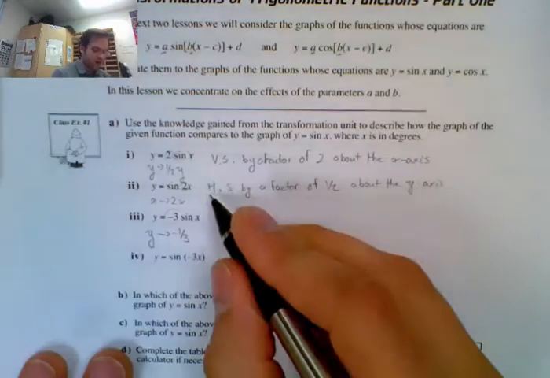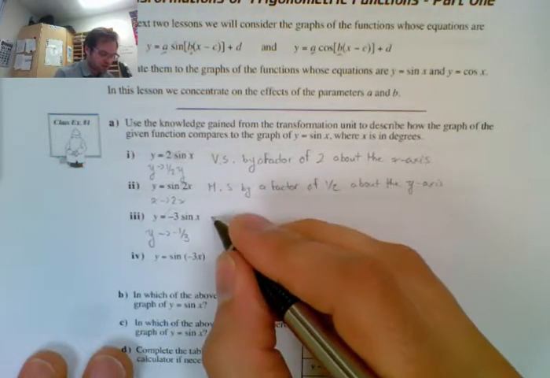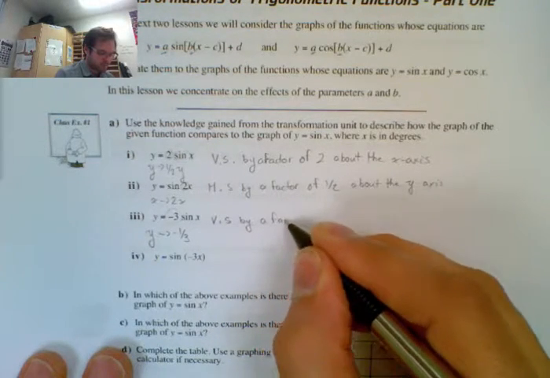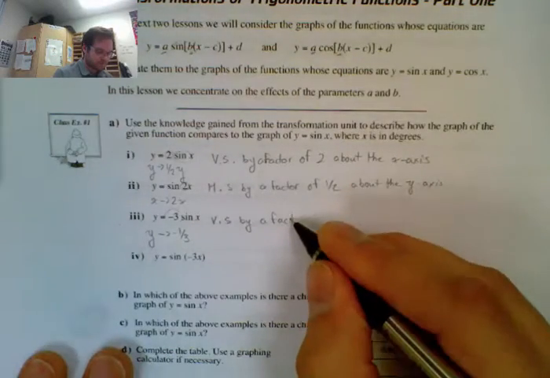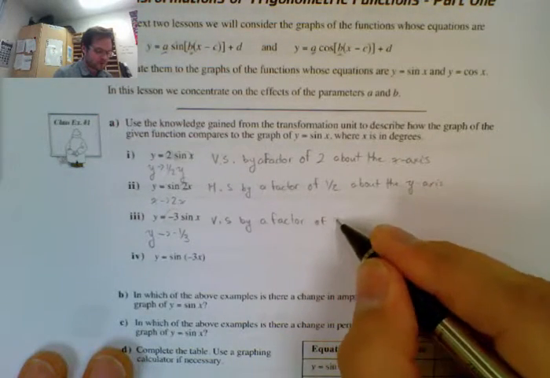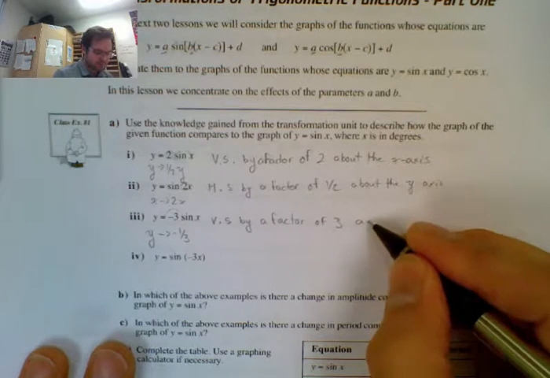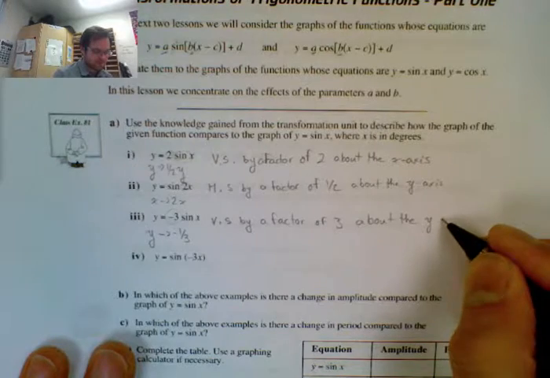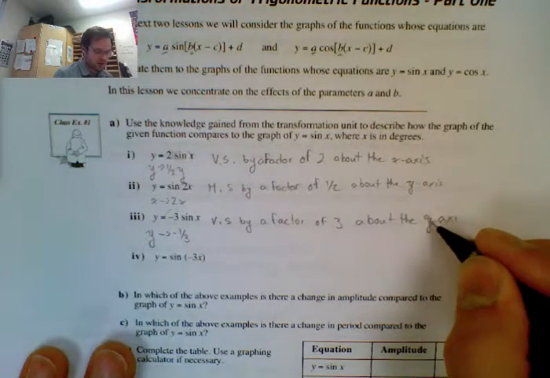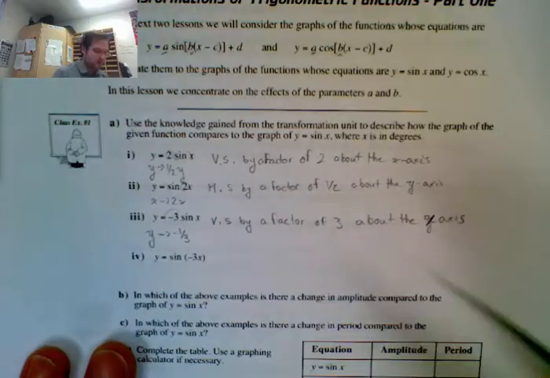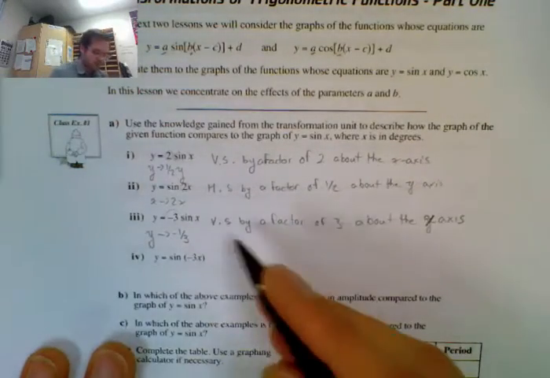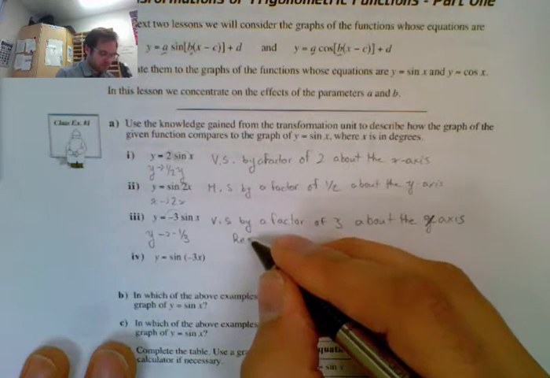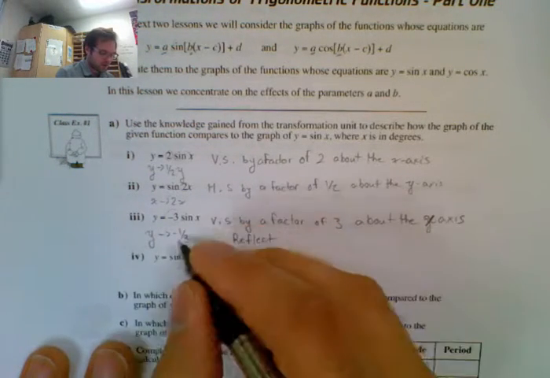So first of all here, I'm going to have a vertical stretch of 3 about the x-axis. And we're also going to have a reflection about the x-axis because of the negative sign.